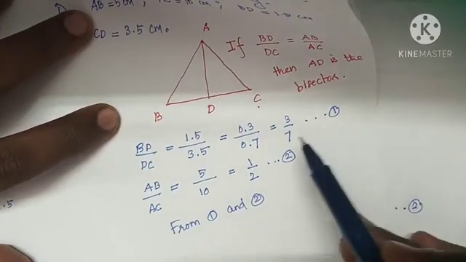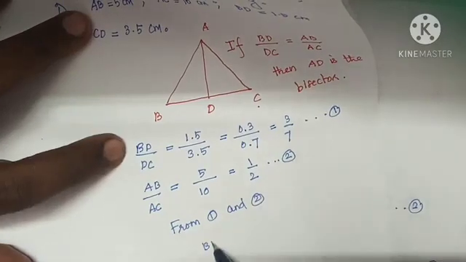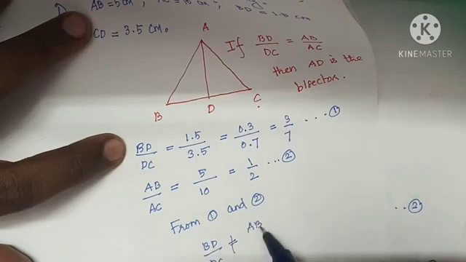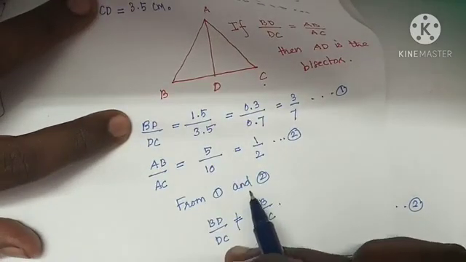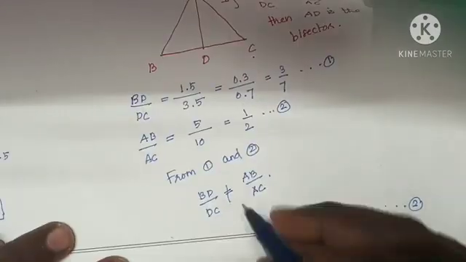From 1 and 2, what do we get? Are they equal? No. BD by DC is not equal to AB by AC.